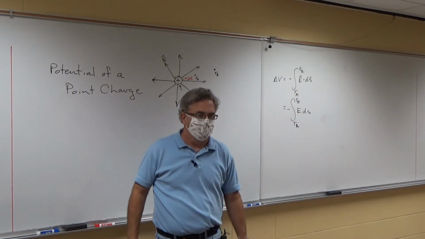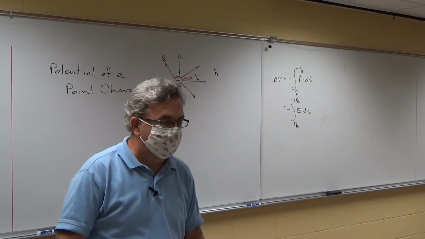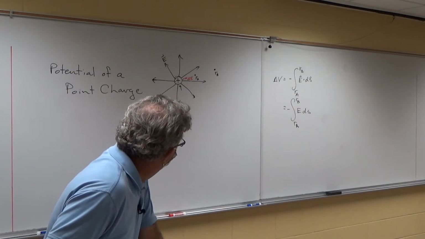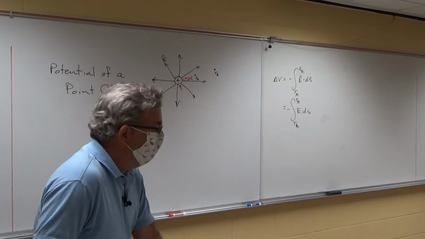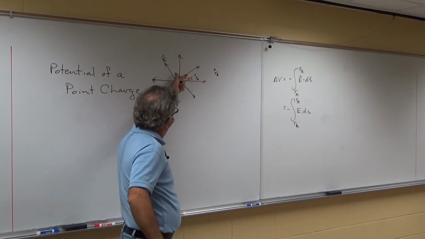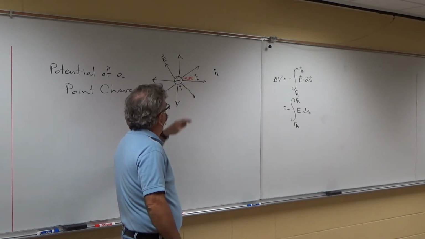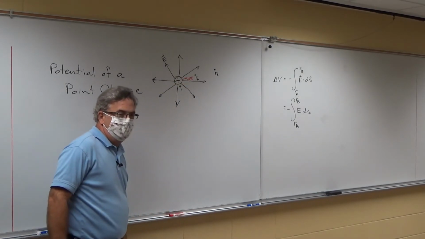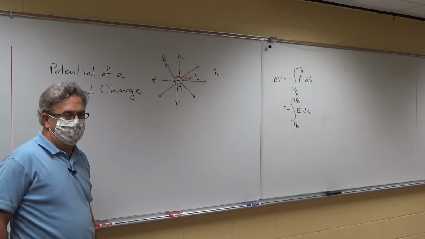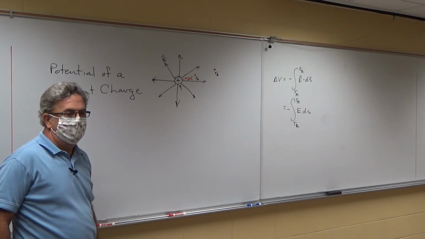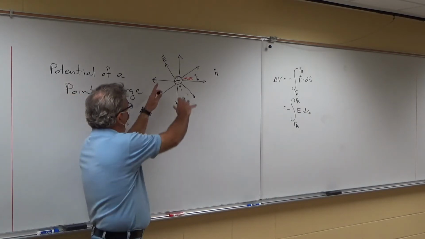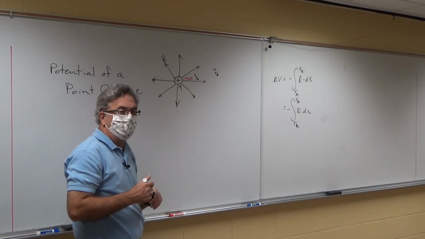Do you have a question? From that diagram, ds seems like it's acting on this plane. No, these are just a finite representation of an infinite number of field vectors. That field is uniform in a radial sense. It has spherical symmetry.